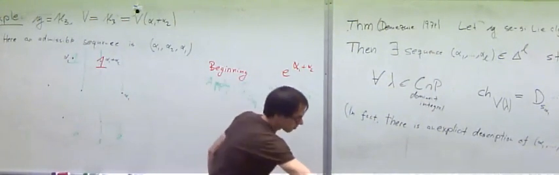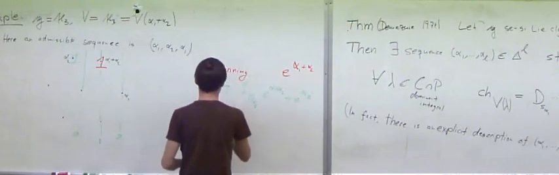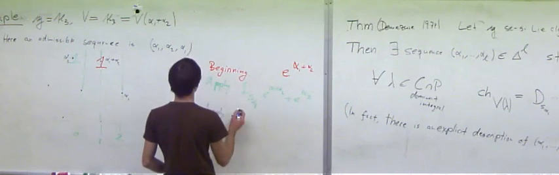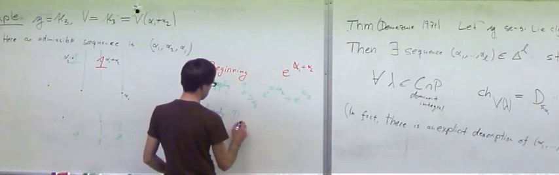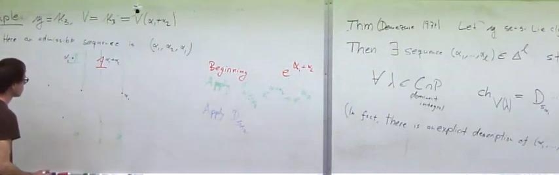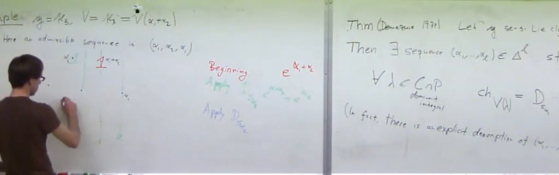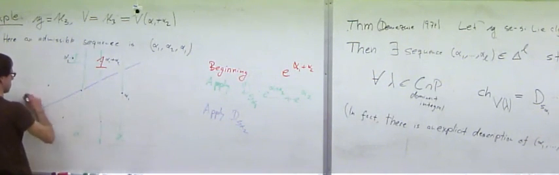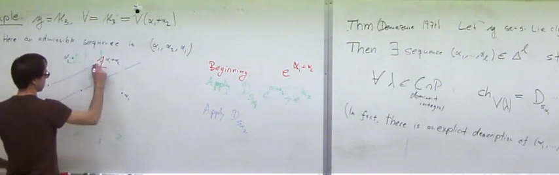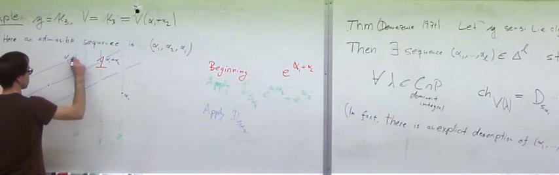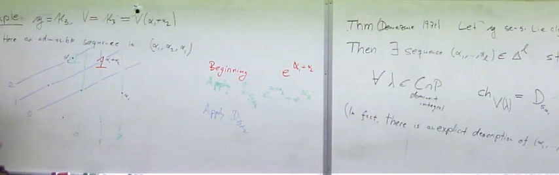So now I need to apply D sub alpha 2. So I need to write down the level hyperplanes 0, 1, 2.